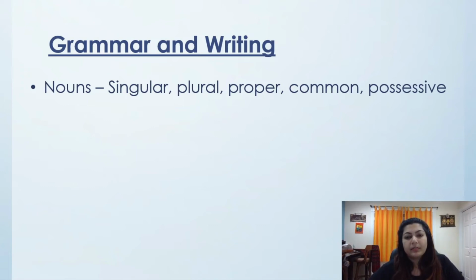Proper noun is basically any name of a place or person, and common noun is any noun which doesn't have any kind of special feature. Possessive noun is the ones with apostrophes, that so and so belongs to.